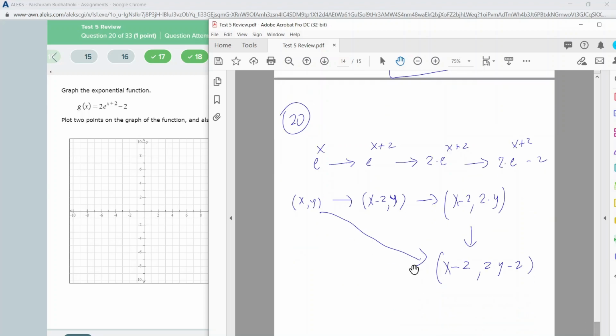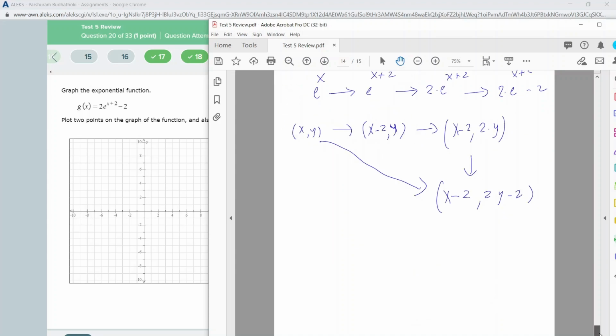For finding any 2 points here, you can take any 2 points from the original graph and just use that formula. So on e to the power x, this is our graph. The first point is, let's say, (0, 1). The second point you might choose, I don't know, (1, e).